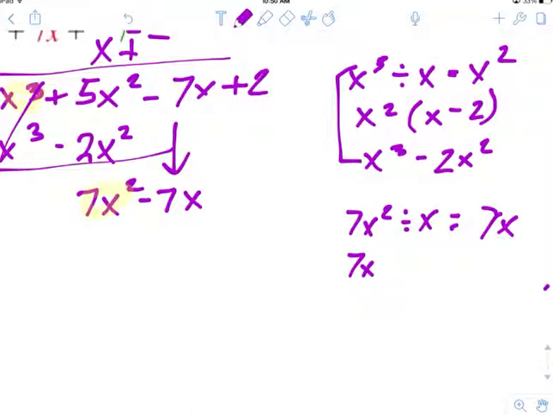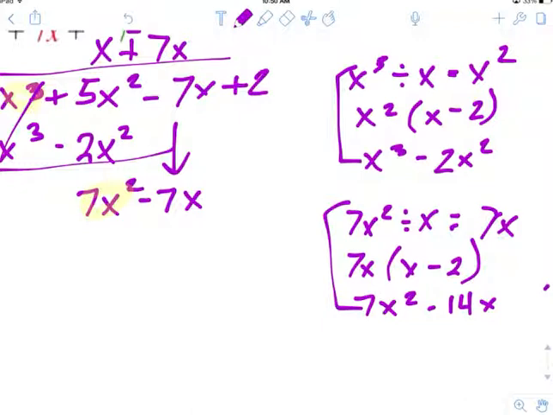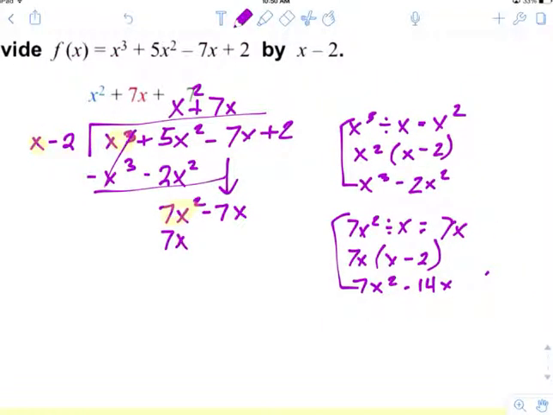It also goes up on top of my quotient bar. Times x minus 2. 7x squared minus 14x is my subtraction step.